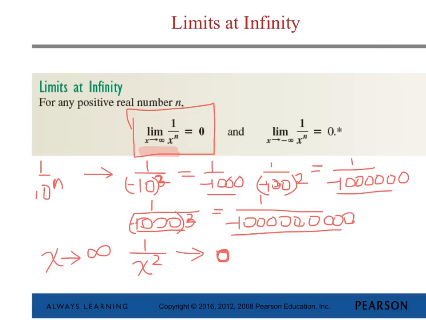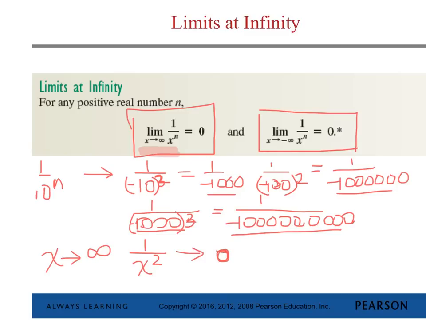And you can see that regardless of how negative this becomes, you're still dividing it into 1, and you still can't make 1 disappear. So even if x gets smaller and smaller and smaller, then you're still approaching the value of 0.